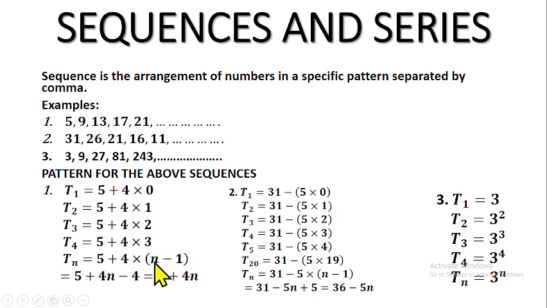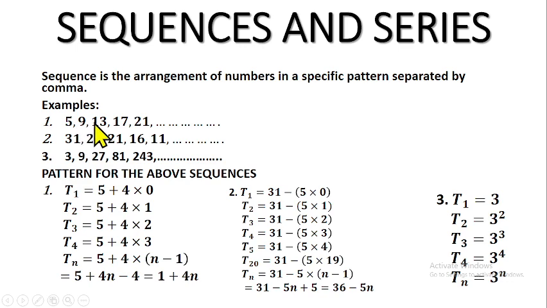So it is this pattern they have used to get this sequence. If the first term, that is our n, is 1, and I put 1 here, 4 times 1 gives us 4, plus 1, that gives us 5. The second term, n is 2. If I put 2 here, 2 times 4 is 8, plus 1, that gives us 9.